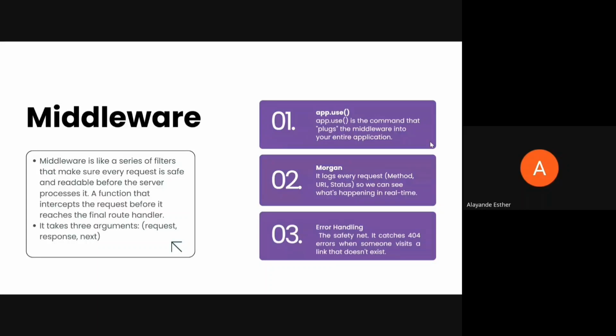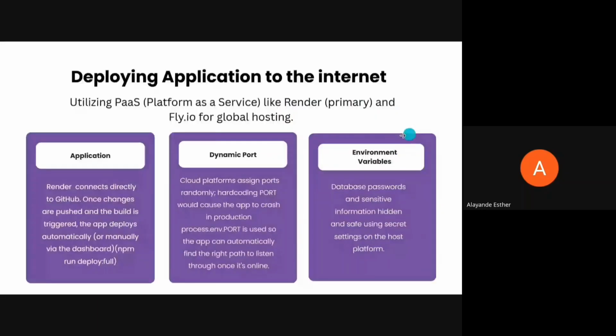Also, I learned about deploying the application to the internet. I learned about using platform as a service like Render and also Fly.io for global hosting. For this, I was able to practice using Render, and the things I've been learning, I've been able to deploy them using Render.